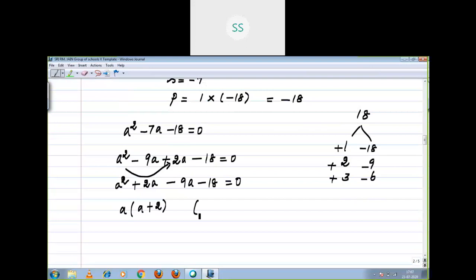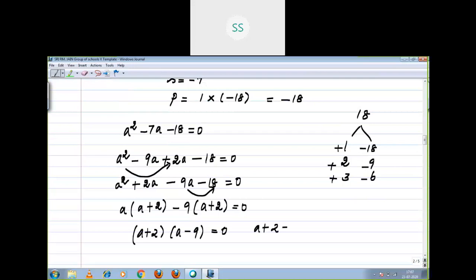Here, the same thing you have to write, I said, right? a plus 2. Here you see, which is common, minus 9 equal to 0. In both the terms, which is common? a plus 2. What should be the rest? a minus 9 is equal to 0.